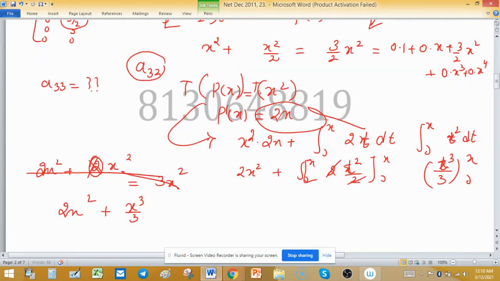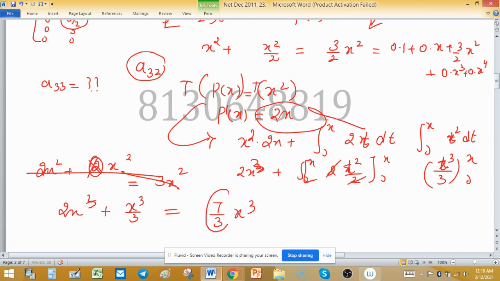As I consider p(x) as x square, its derivative will be 2x, and x square into 2x will be 2x cube. I made a mistake here, 2x cube. Now 2 plus 1 by 3 is 7 by 3, so 7 upon 3 x cube.